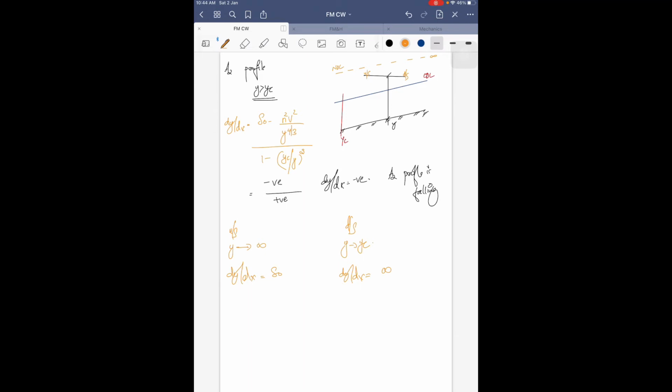So we can say that the A2 profile is a falling profile. Sorry, the A2 profile is a falling profile.